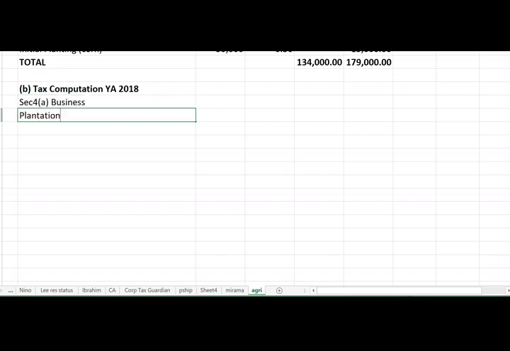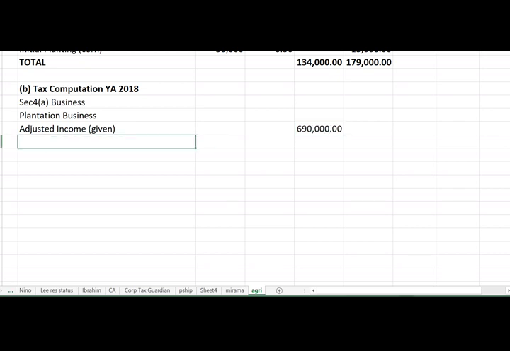One is the plantation business, and they have given you the adjusted income. But you must be very, very careful, because they say the adjusted income is before taking into account the above. Okay, so what are the above that you have to do the adjustment?